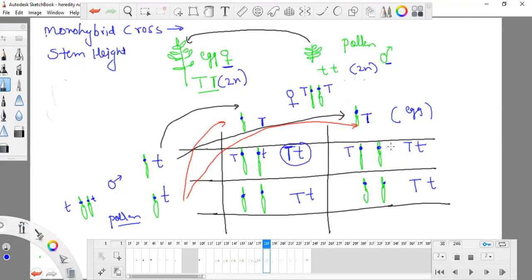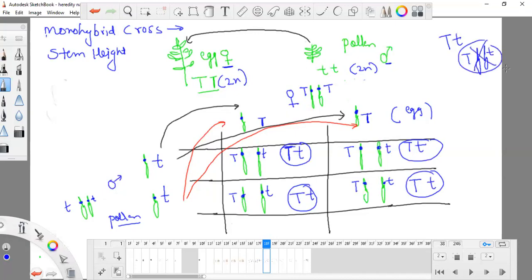Now I'm drawing how it will look. Writing only Tt is sufficient. It is not important that each and every time you draw the chromosome.